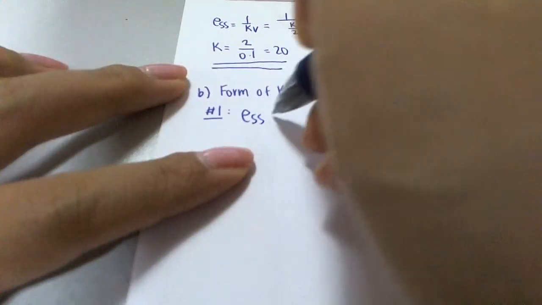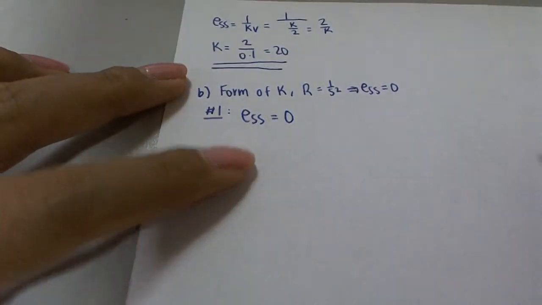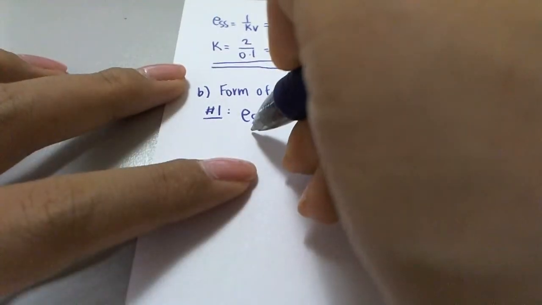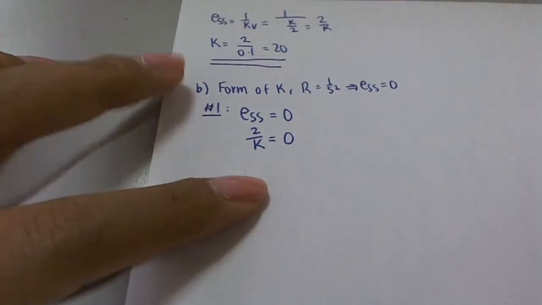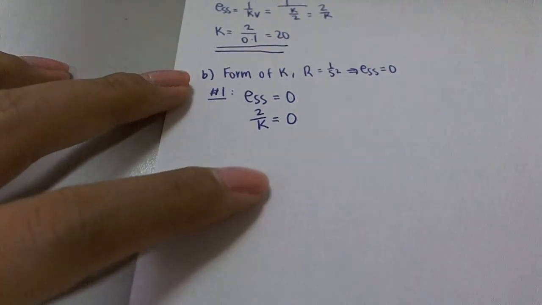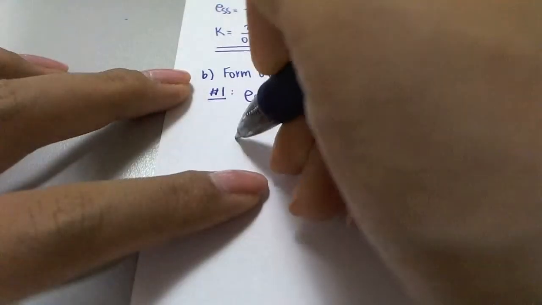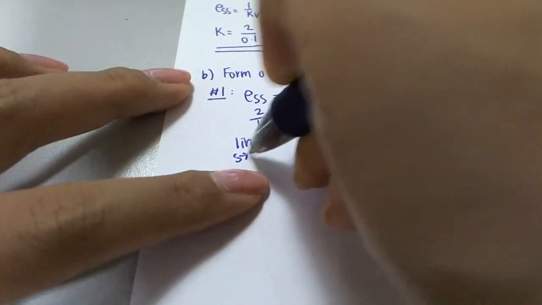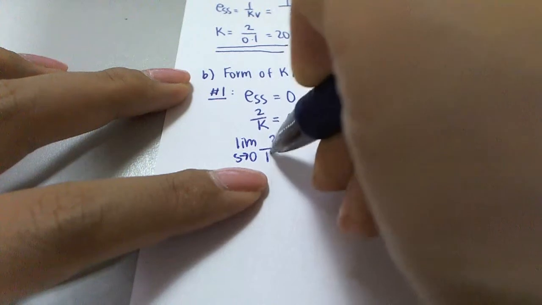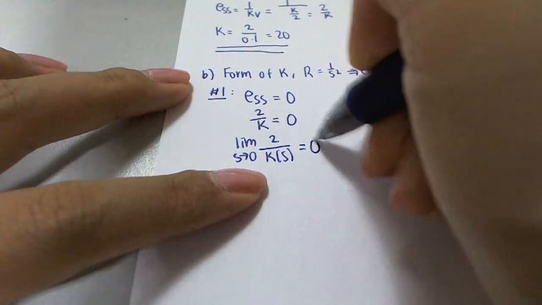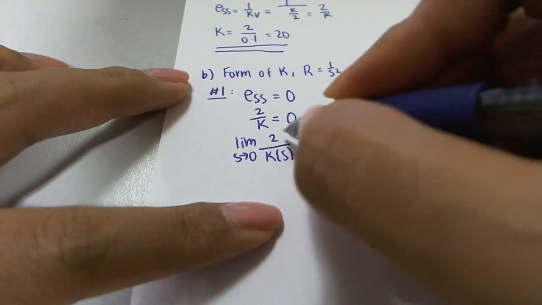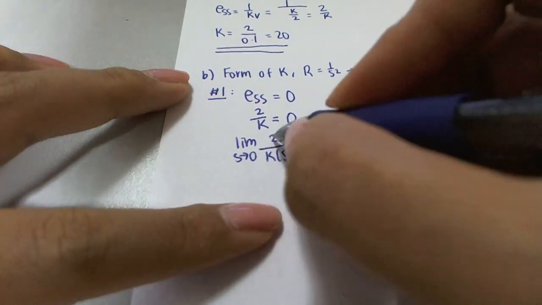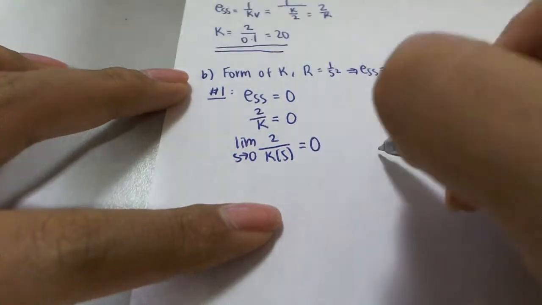The steady state error is given as 0, and we know that the steady state error is equal to 2 over K from the previous calculation. So if we put everything in the context of a limit, limit of 2 over K equals 0, we need to have s at the top over here so that when we multiply 2 and s, we get 0.